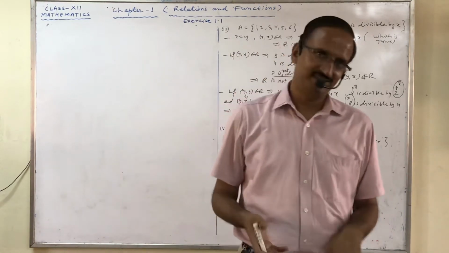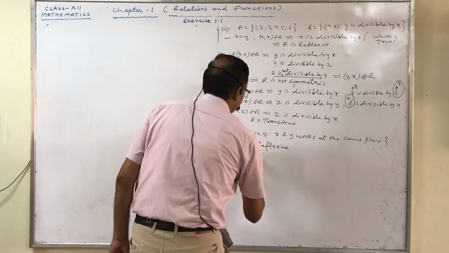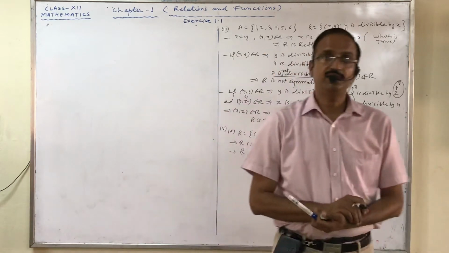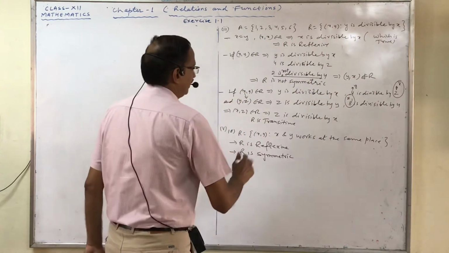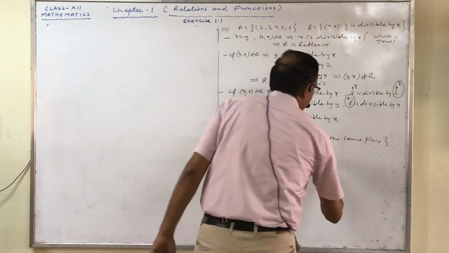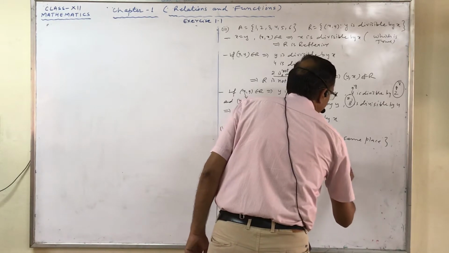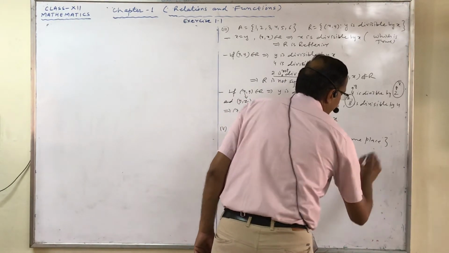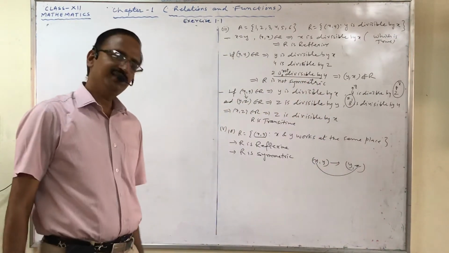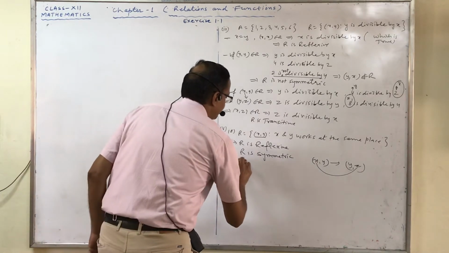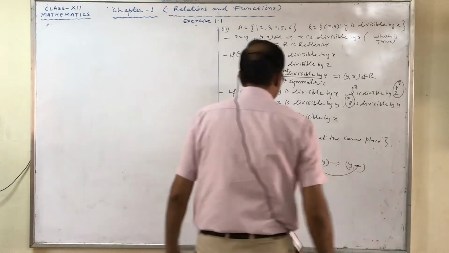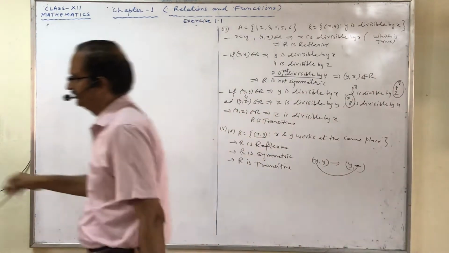It means R is symmetric. Now come to the third one, that is transitive. If x and y work at the same place and y and z also work at the same place, so obviously x and z also work at the same place. So R is transitive. It means R is reflexive, symmetric and transitive.